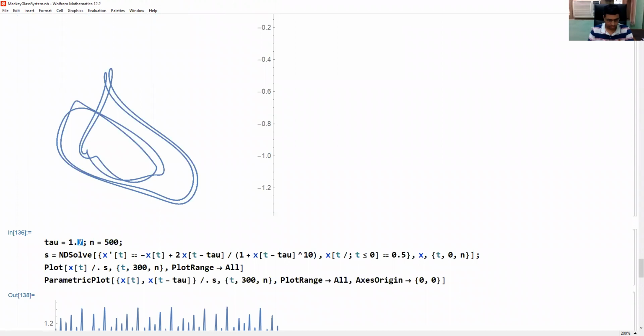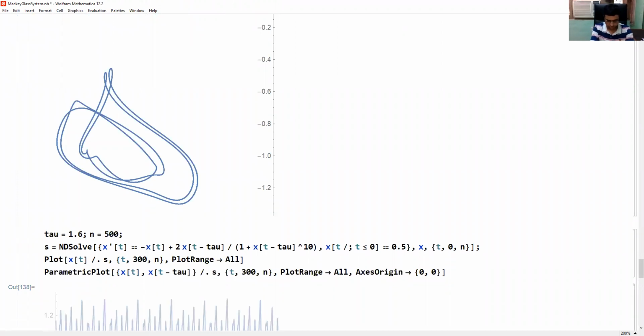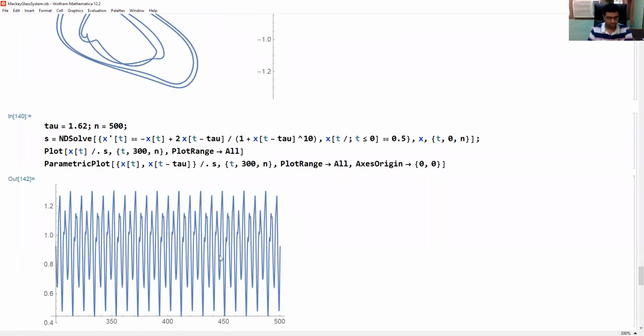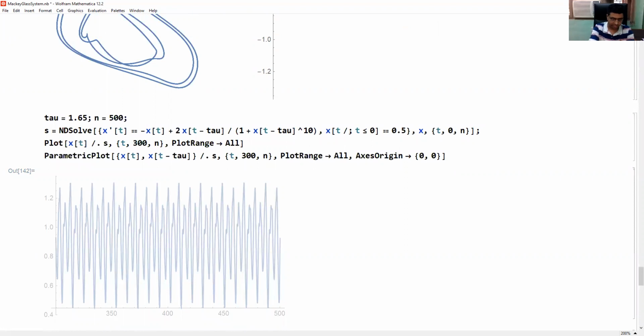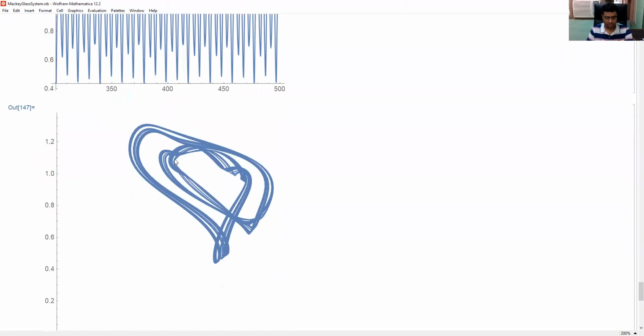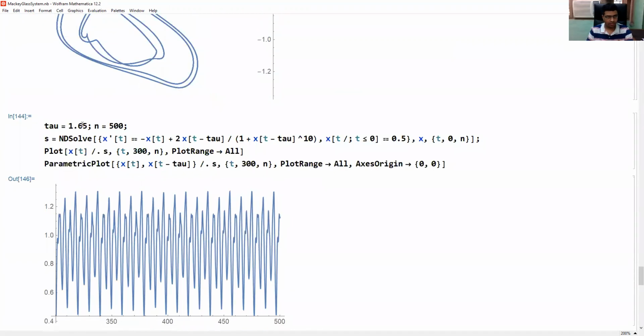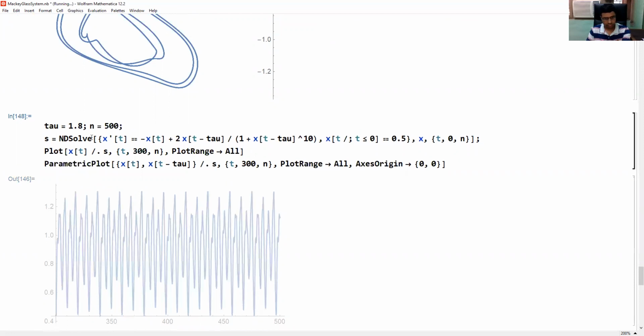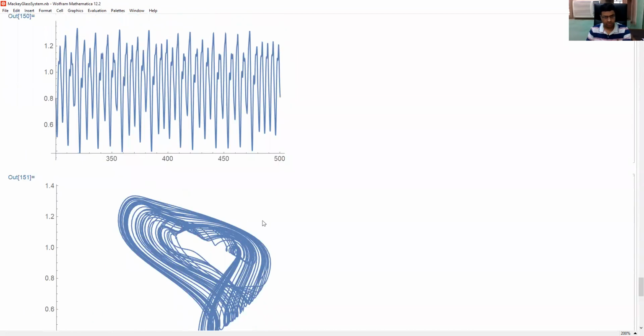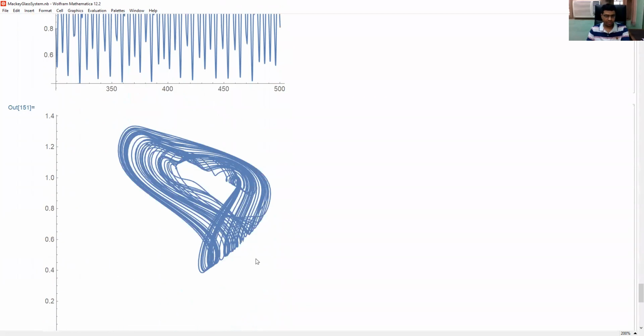No such. Okay, this is 1.62. 1.65. Okay, so this is also periodic, but period is larger. Okay, so this seems chaotic.